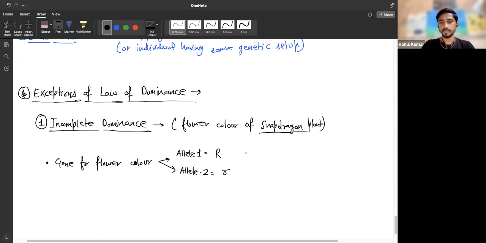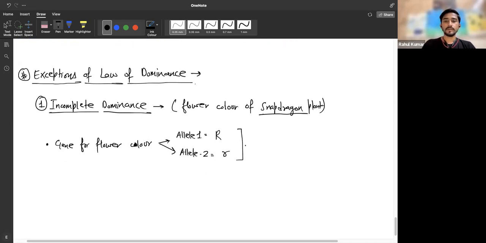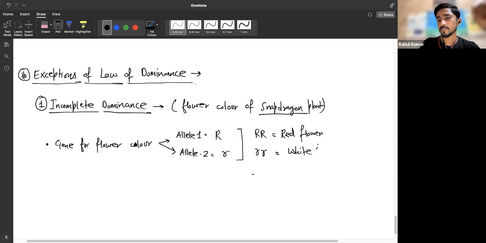Is it clear? It has two alleles. Now, whenever it is capital R, which is a homozygous dominant condition, the color of the flower is red. Whenever there is small r, the color of the flower is white. Is it clear, everyone?